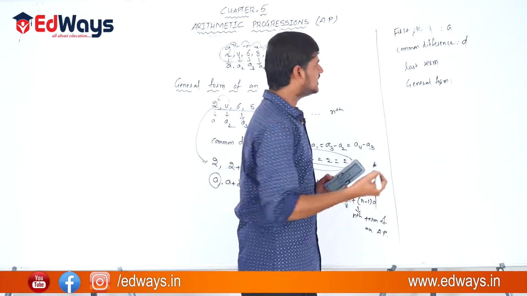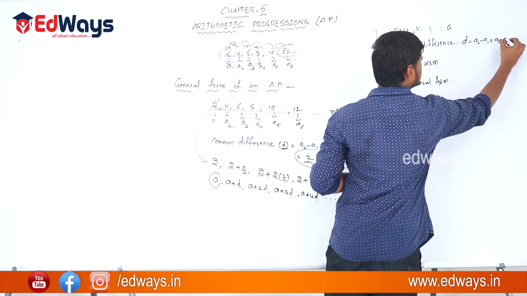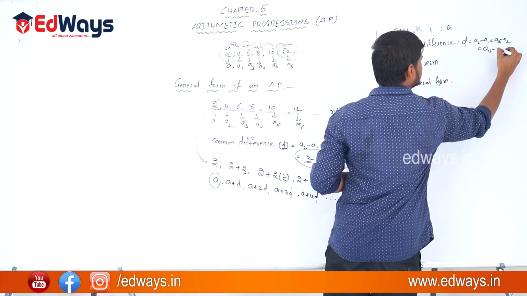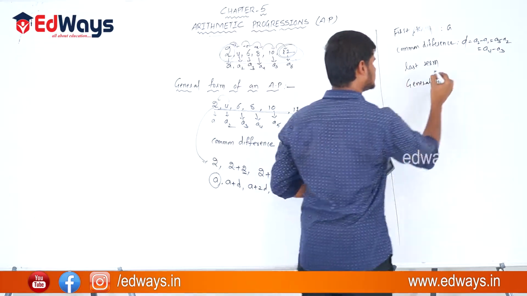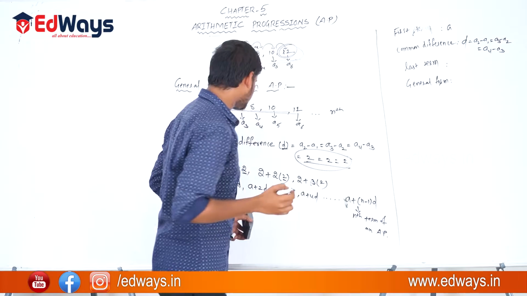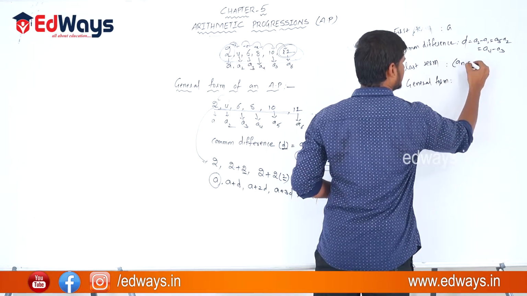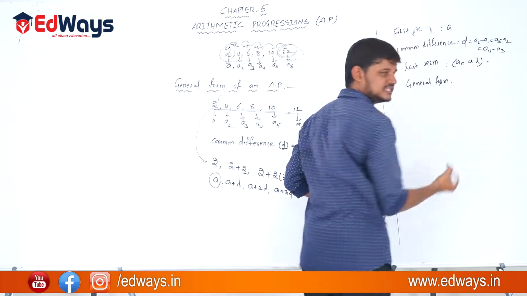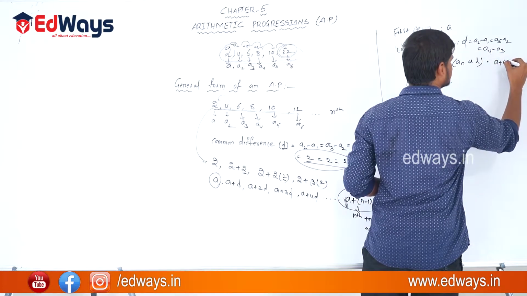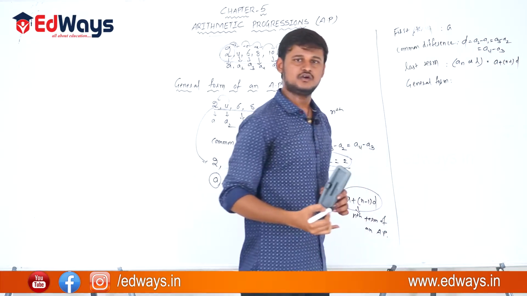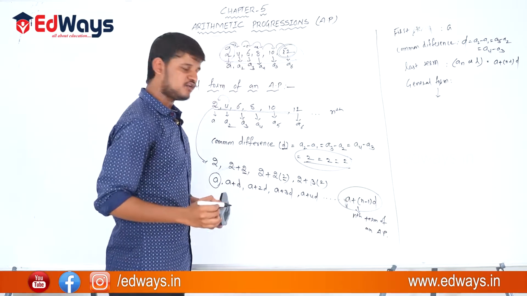What's the formula for D? D equals A2 minus A1 equals A3 minus A2 equals A4 minus A3. Like that, the common difference must be the same everywhere. And the last term is denoted by AN or L. As I said earlier, AN or L is given as A plus (n minus 1) times D. Then what's the general form of the AP?